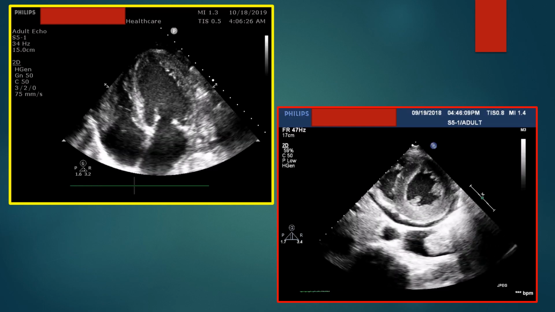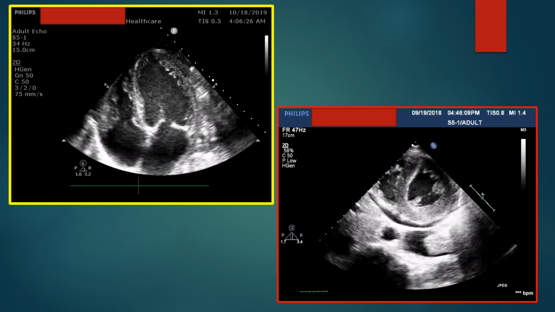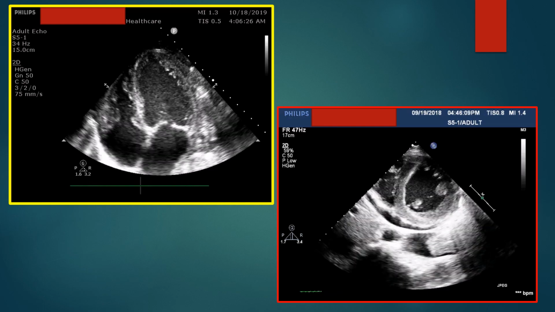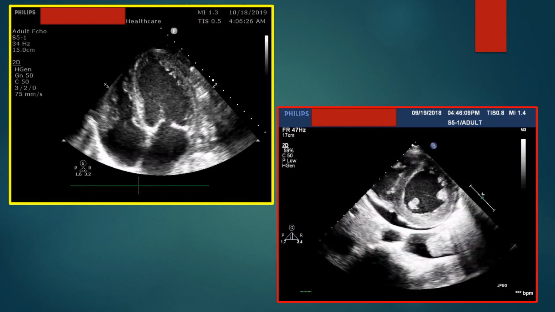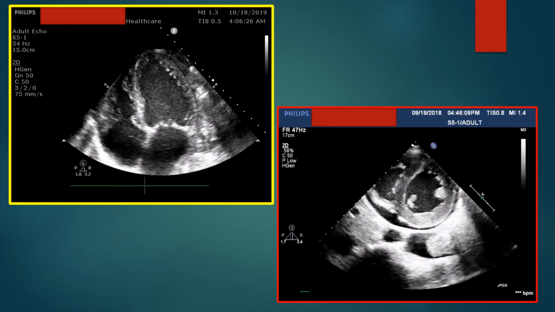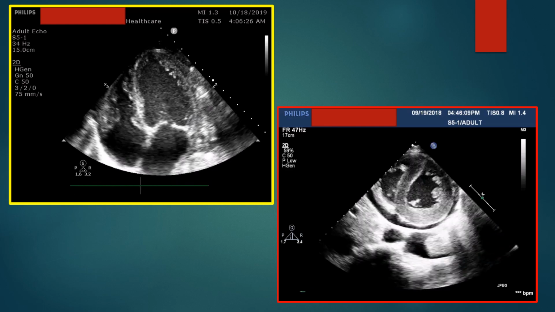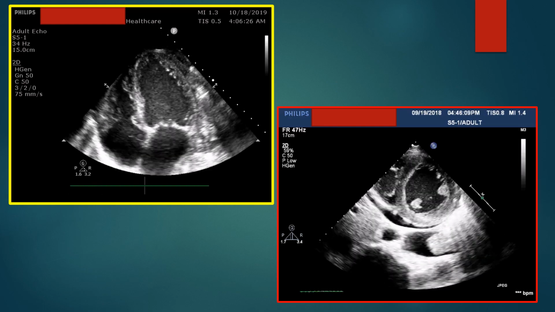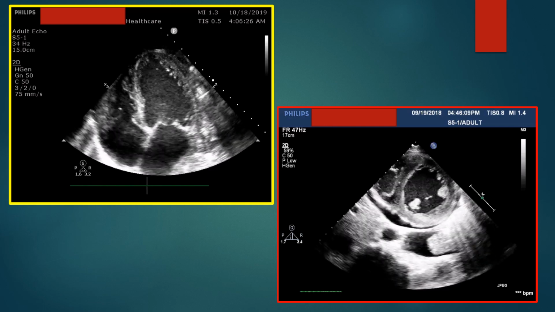Number 1, you don't see thickness change of more than 30% of the endocardium all over the different walls of the left ventricle: lateral wall, septum, apex. Normally with the systole, the endocardium thickness increases by around 30%. And the left ventricle size will reduce with each systole by around 30%.